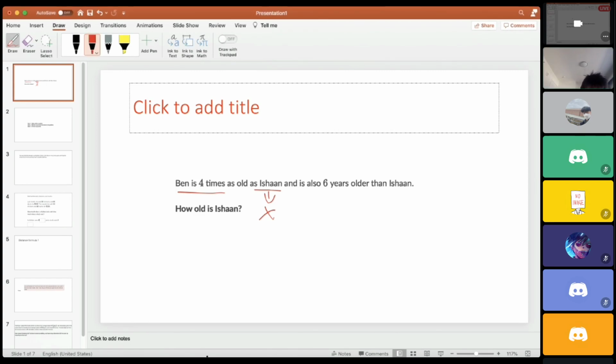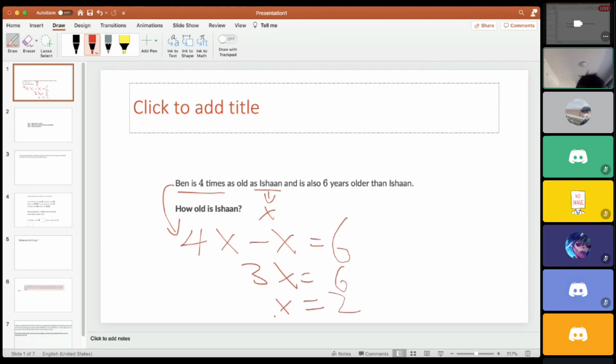Alright, yeah. So then you have Ben as 4x. Okay. Ben equals to 4x. And then you also know that 4x minus x equals to 6. And then you solve for x. x equals to 2, right?